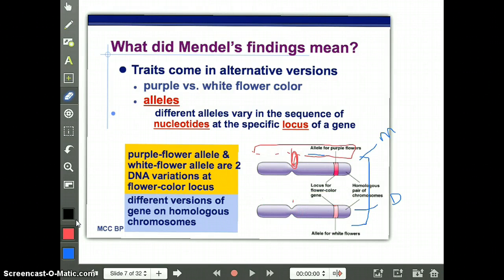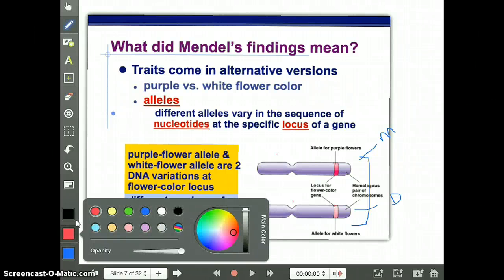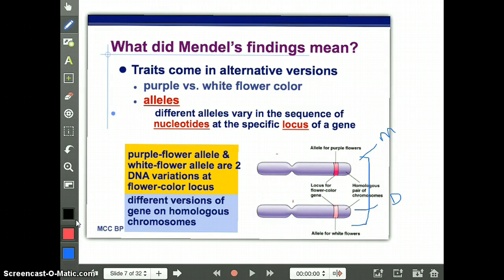But remember, that's where those things are coming from. So now if we just look at the two individual chromosomes, one from mom, one from dad, they have it on a particular loci, or a location of the gene. This is singular now. Locus is the specific spot of the gene, where we're going to find that set of nucleotides that's going to code for that allele, that allele being the particular trait that we want to see expressed.